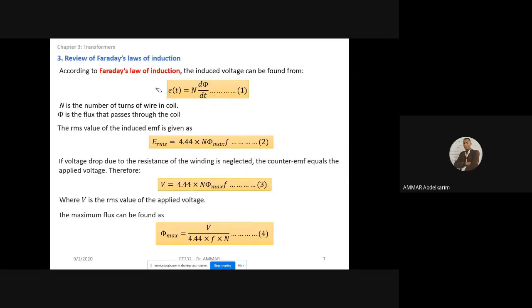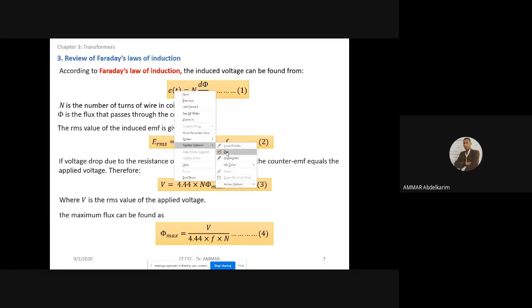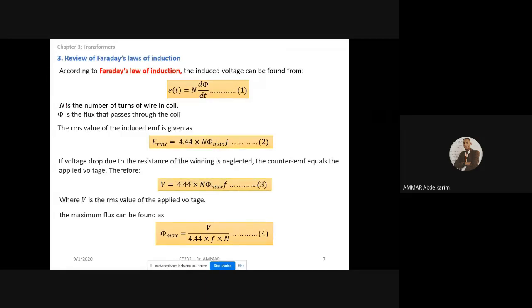So according to expression number 1, in this chapter I have added the numbering of the expressions. N, of course, is the number of turns. Phi is the flux that passes through the coil.